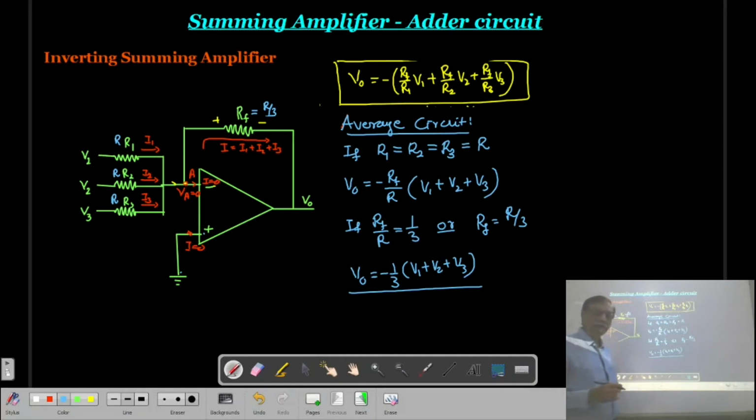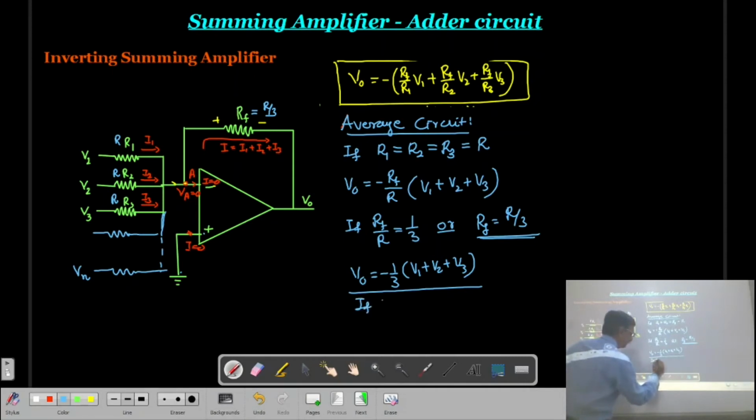If you have n input voltages, say we have one more input voltage Vn, then RF must be equal to R by N. If you have 5 different voltages, it will be R by 5.